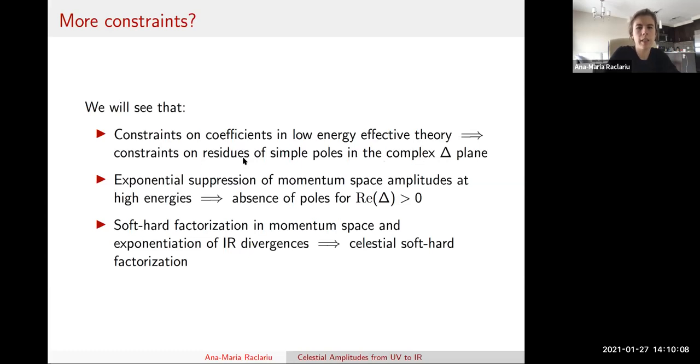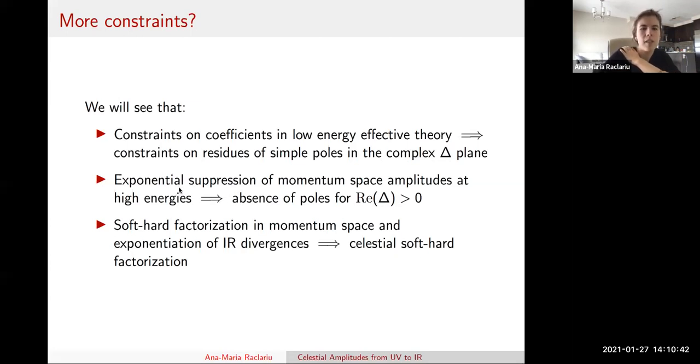In particular, there are going to be poles in this complex delta plane, and these poles are going to be confined to lie on the real axis at even integer values. And half of these poles are going to be erased in quantum gravity. This erasure arises from the expected exponential suppression due to black hole creation in quantum gravity.